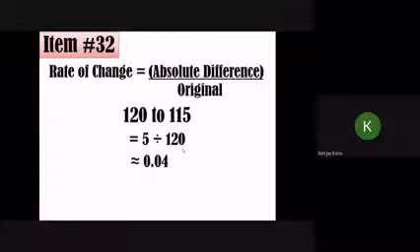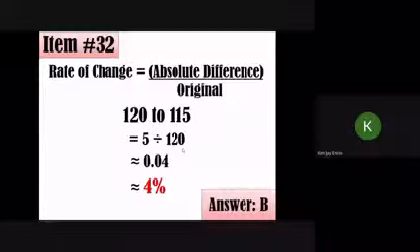To express this in percent, you multiply by 100, or you move the decimal point 2 places to the right. Therefore, it's 4%. Letter B. To those who answered B, be happy. You got it right.